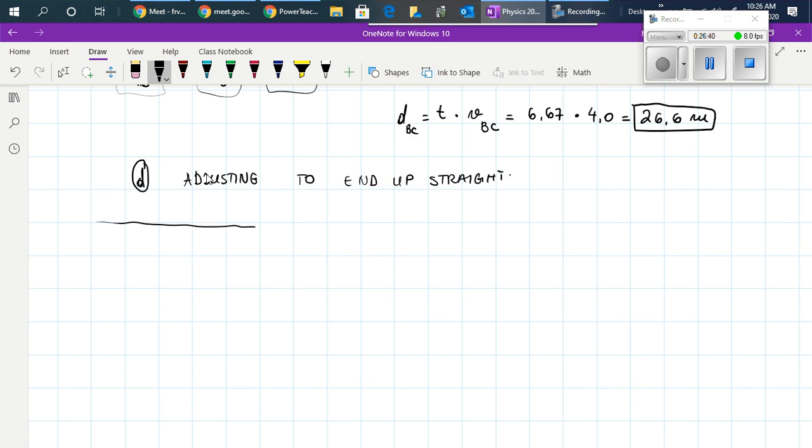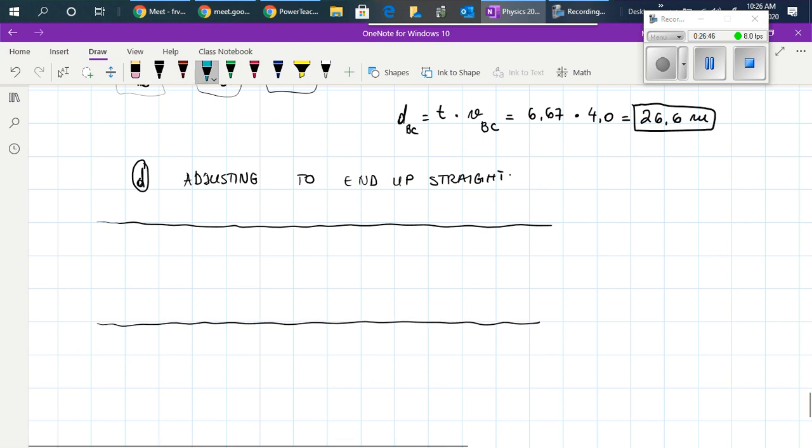So the situational diagram is something like this. You have a river, and the velocity of the current is 8.0 meters per second going east. And what you are doing now is you want to end up straight. So this is what the resultant velocity should be.